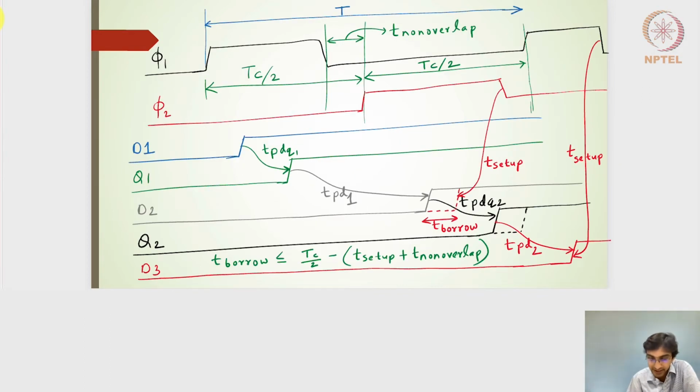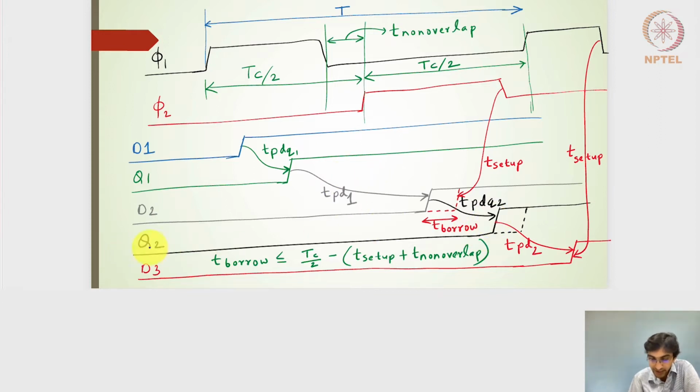So this is what I have drawn in the timing diagram here. D1 is the signal at the input of latch 1. The output of latch 1 will come out after the TPDQ, and then the D2 signal, which is the output of combinatorial circuit number 1, will come after the TPD1, the propagation delay of combinatorial circuit number 1.